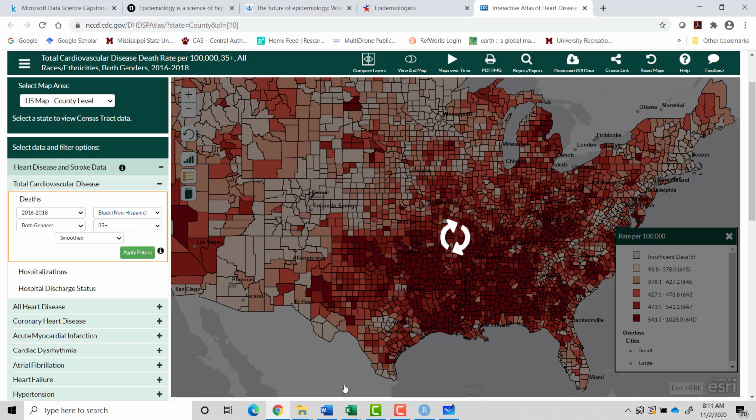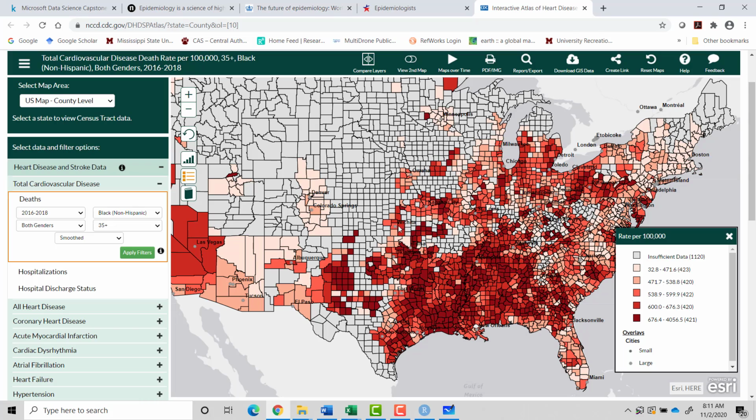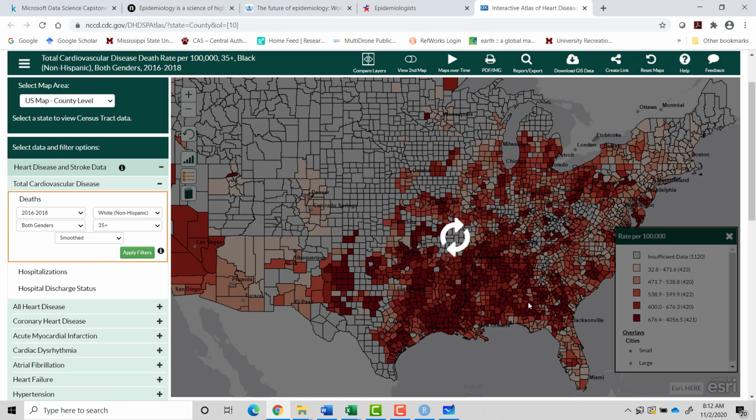Okay, give it a second. It's a little bit slow this morning. And you see here there's insufficient data in some of the metros, but where there is data, there's relatively high heart disease. And we can look at white, non-Hispanic.